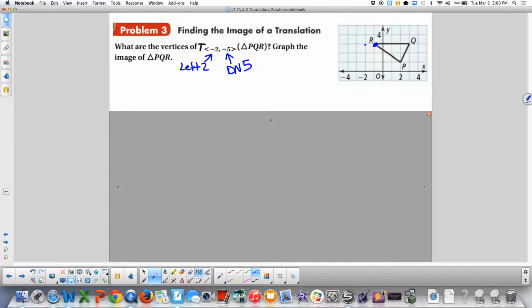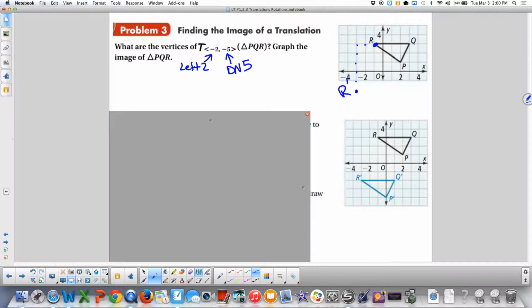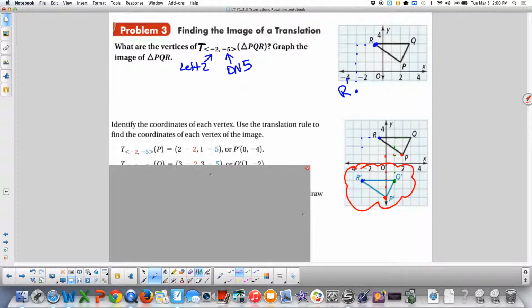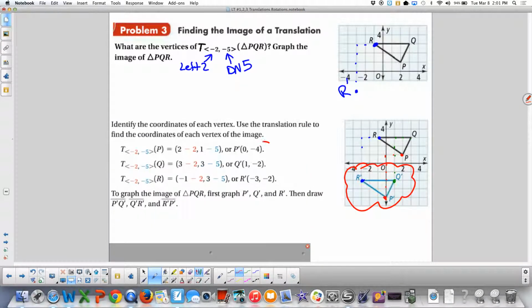So R goes left 2, down 5 to get R prime. Q goes left 2, down 5 to get Q prime. P goes left 2, down 5 to get P prime. And that's how we get this resulting image after a translation of left 2, down 5. Now you can do that separately with each point, or just look at your graph.